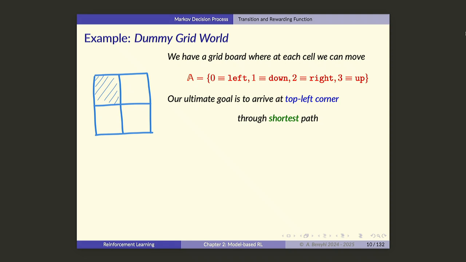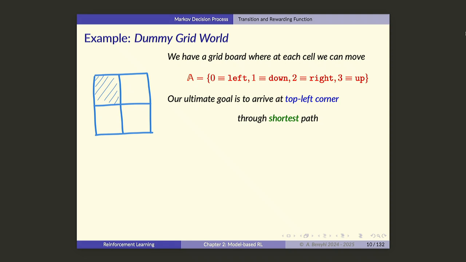The story is that you're at any cell, and you want to get into this top left cell with the shortest path possible. You might think it's super stupid, but there are still very stupid policies. Say I am here. I can go down, then left, then up. Then this is not a good thing.